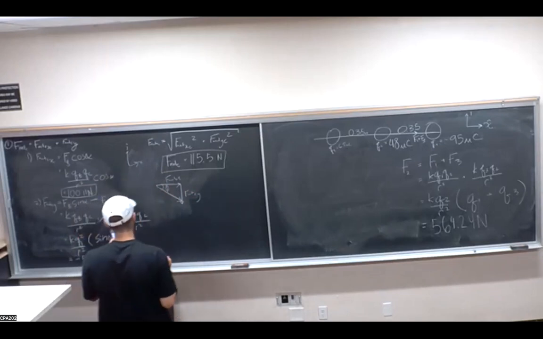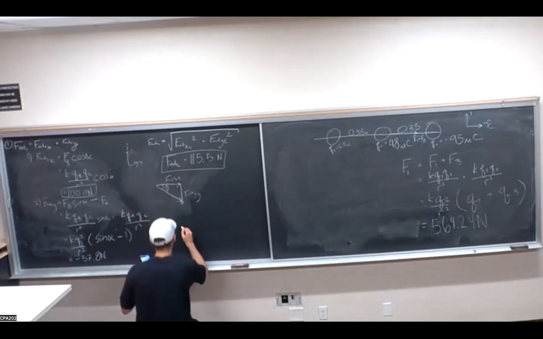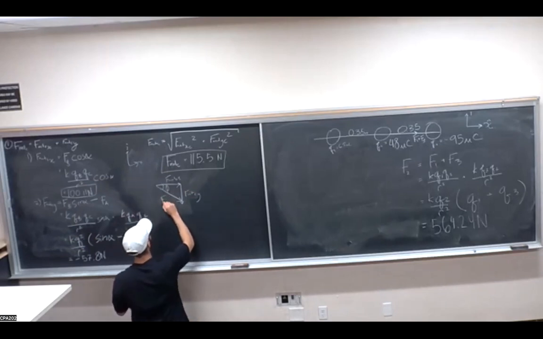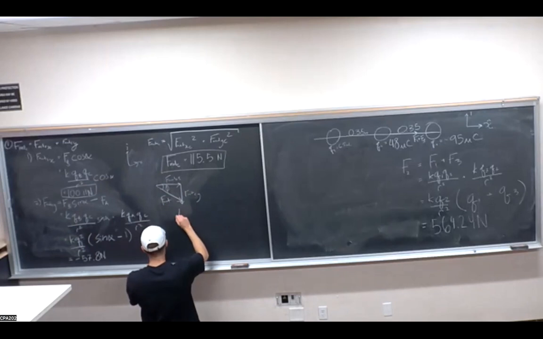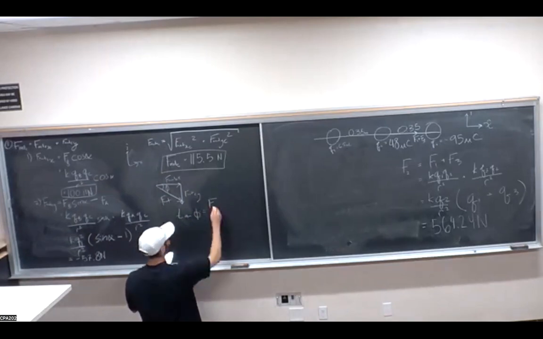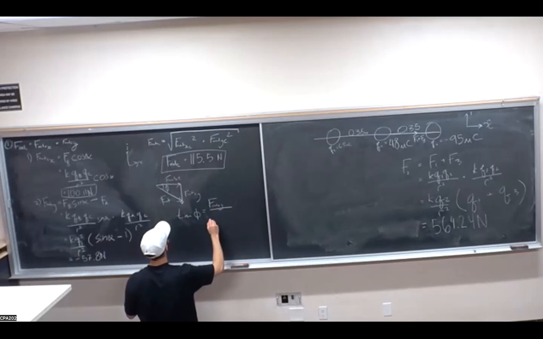So now we need to find that angle. All we have to do is use trig, and we're going to use our tan function. So tan of the angle is the opposite, F net CY, over the adjacent, which is F net CX. This angle comes out to be 30 degrees.